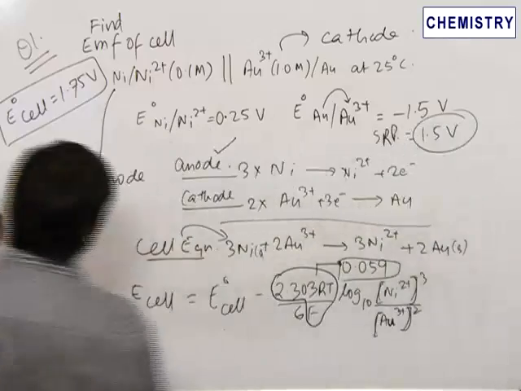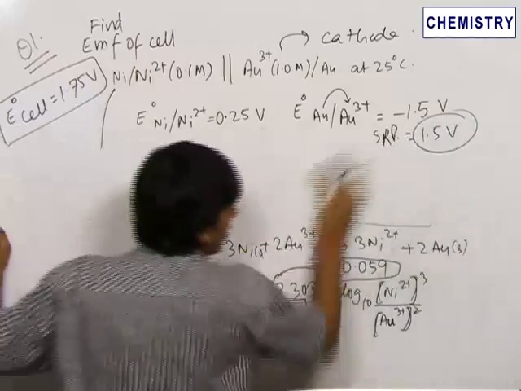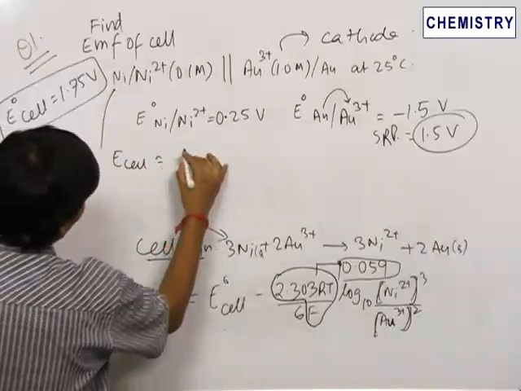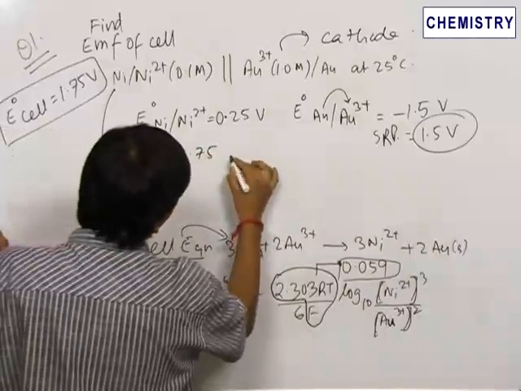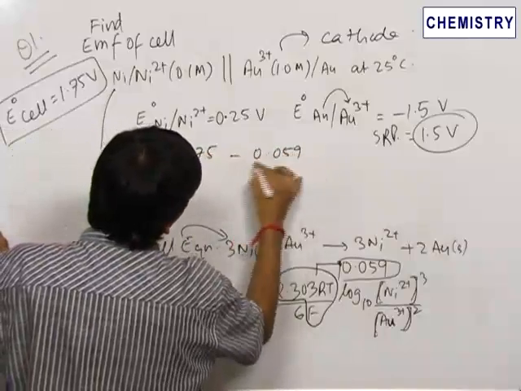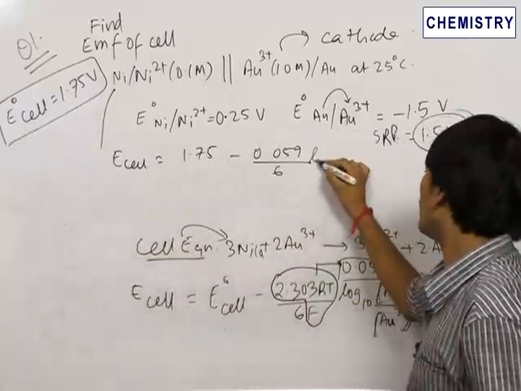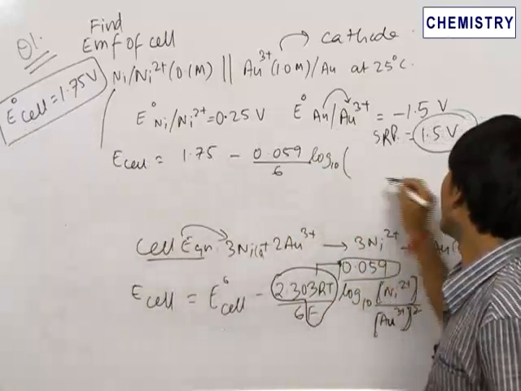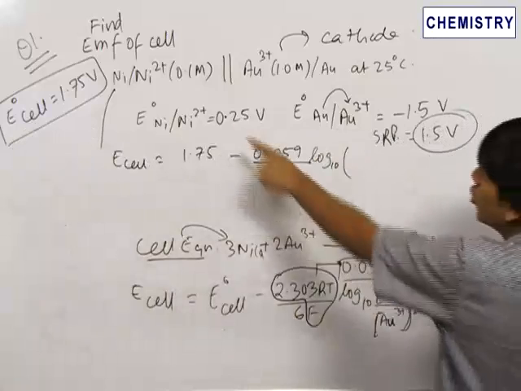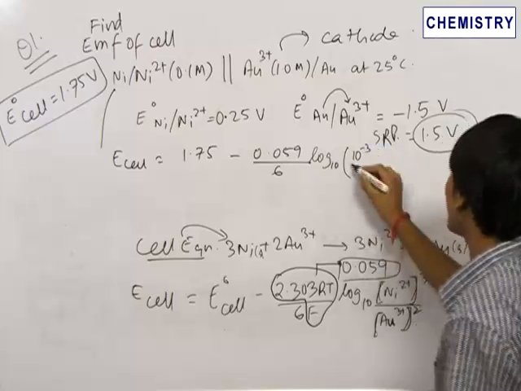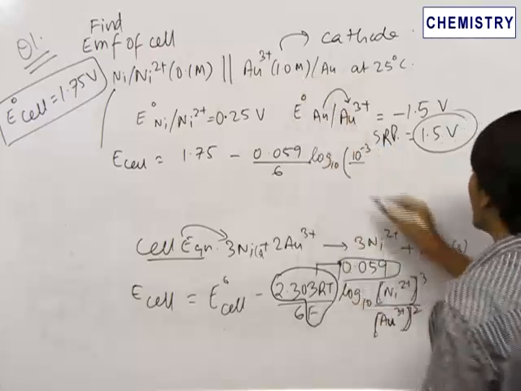So the equation reduces to: the EMF of the cell is equal to 1.75 minus 0.059 upon N, where N is 6, into log of base 10. We have concentration of nickel 2+ to be 0.1, that is 10 raised to minus 1, whole cube, that is 10 raised to minus 3, upon, this is 1, therefore 1 whole square is 1.